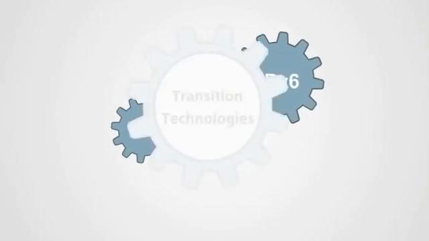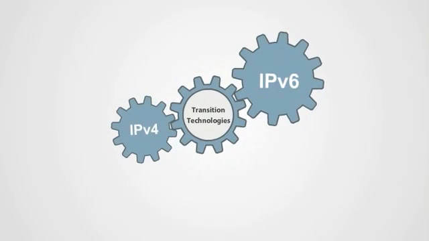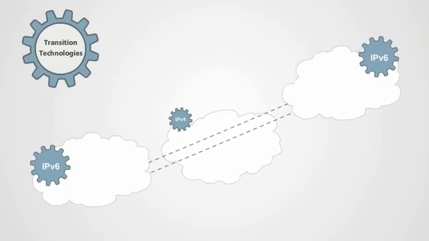A number of transition technologies have been developed to aid in the deployment of IPv6 and the coexistence of IPv6 with IPv4 deployments. Some of these technologies aid in the deployment of IPv6 by enabling communication between islands of one network protocol across networks that employ some other network protocol.